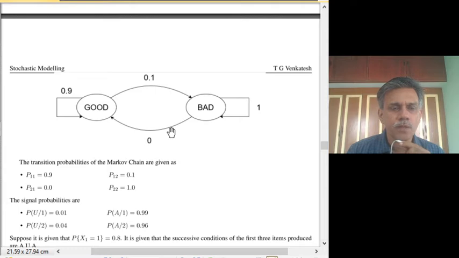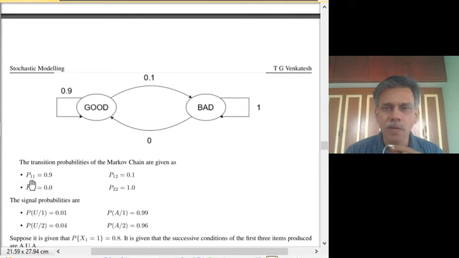So the state transition probabilities between the states can be written down as follows. Again, for the sake of formulating the Markov chain, we assign a random variable which stands for the state of the machine. The random variable takes a value 1 if it is in a good state, and it takes a value 2 if it is in a bad state.